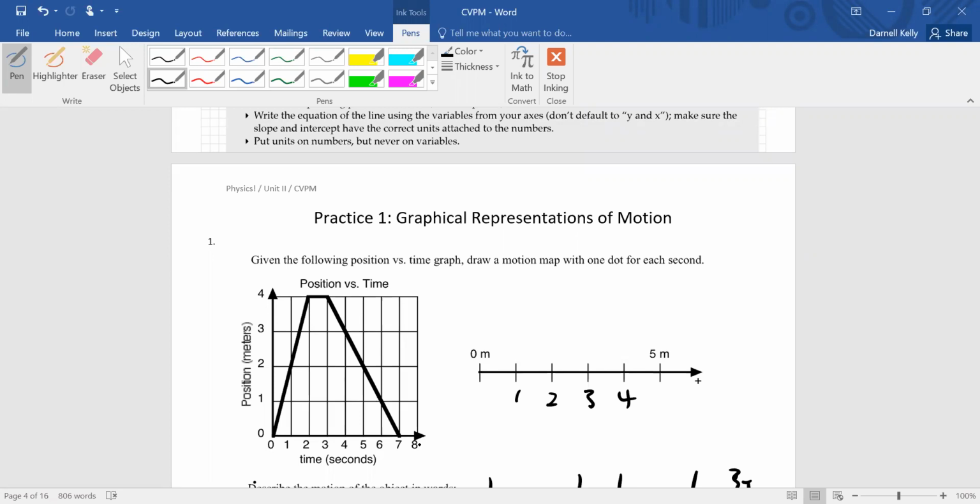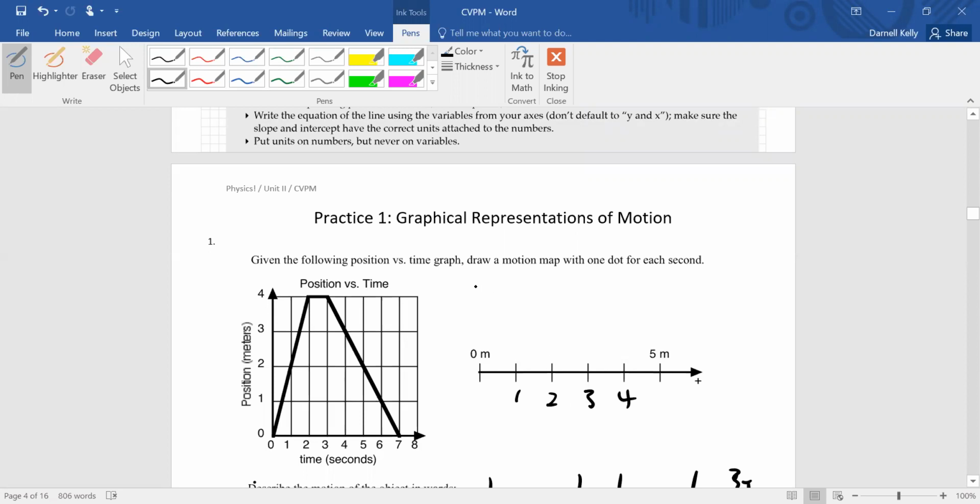All right, so this motion map business. We look at this graph on the left, and we see how far it's traveled each second. So in the first second, it's traveled 2 meters. So here is 2 here. So 0, 1, 2, 3, 4, 5. I'm going to start up here just in case, because I don't want to start down here and have it come back and get a little messy. But in 2 meters, we've gone 1 second.